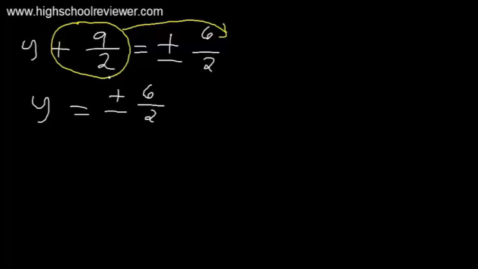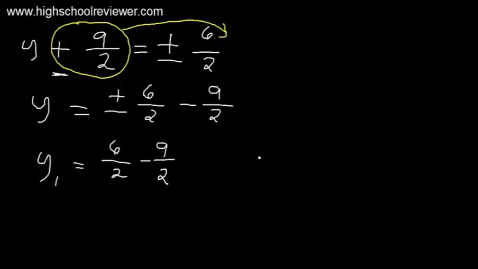If we transpose plus 9 over 2, this will change sign. This will now become negative 9 over 2. So our y sub 1 here will be plus 6 over 2 minus 9 over 2. Our y sub 2 will be the minus 6 over 2 minus 9 over 2.